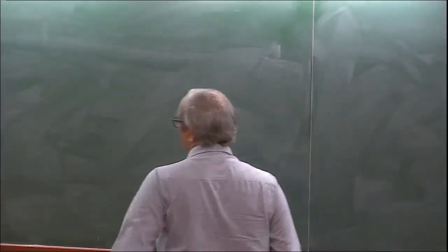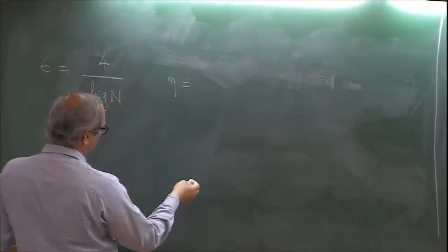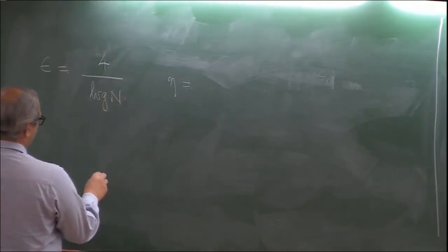So now, in order to complete Roth's theorem from here, you have this bound for the Bohr set. You have to choose your eta and epsilon in the given situation. So let me choose epsilon to be, say, 4 over logarithm of n, and eta to be equal to whatever comes from this bound, so that you have at least one.